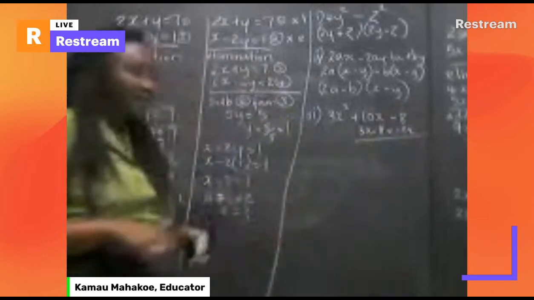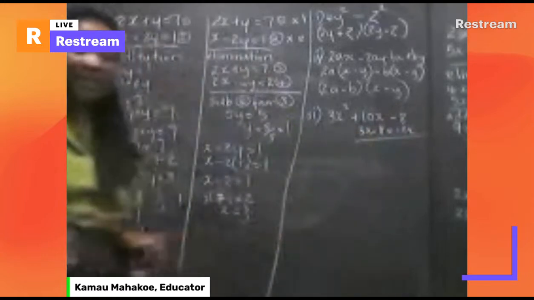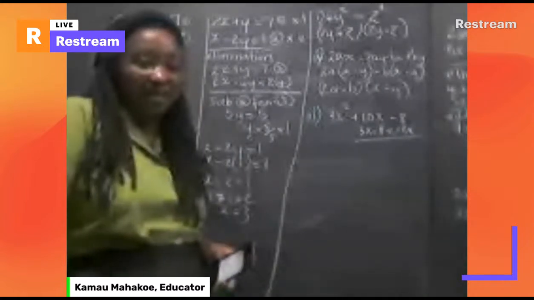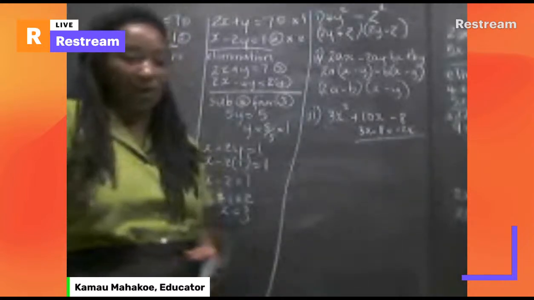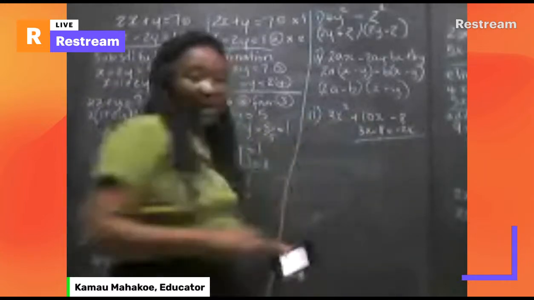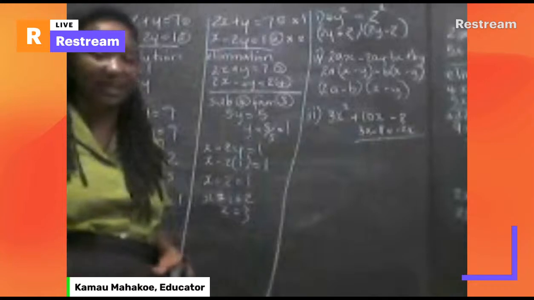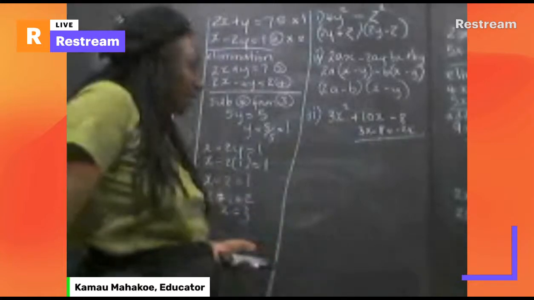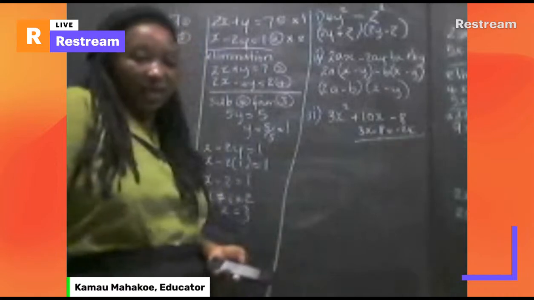And we ask ourselves, which two numbers, when you multiply them, you get negative 24, and when you add them, you get the coefficient of the x term, which is 10?